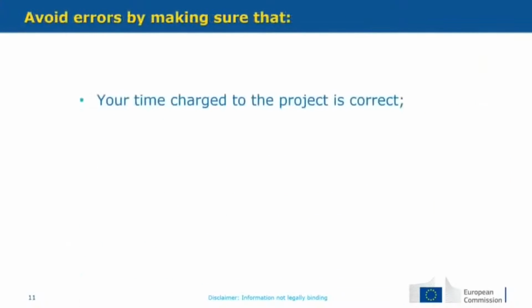Now, some further advice on how to avoid errors. You can make sure that the time charged to the project is correct. Basically, all the hours that you use to calculate the personnel cost are exactly the same as what you have in your timesheets or in the time recording system, if it's an IT one.